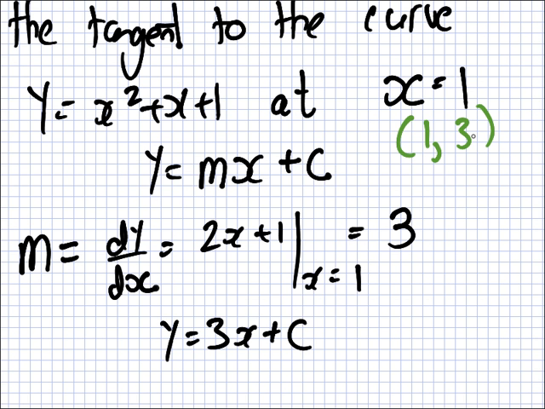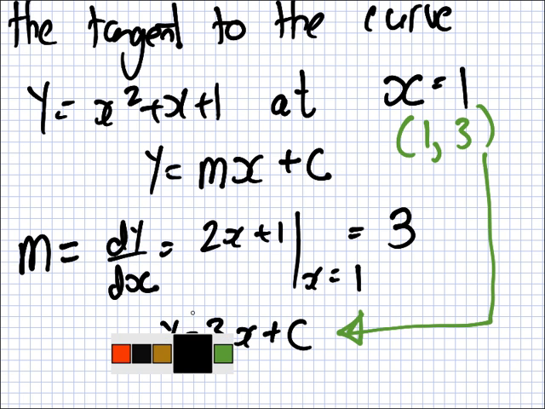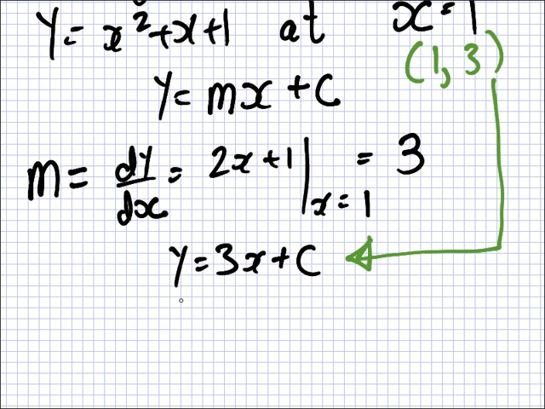Now, how did I get the 3? Sub x equals 1 into this one here. 1 plus 1 plus 1. Yes. And then with this, sub it in there. Let's see, yeah. 3.